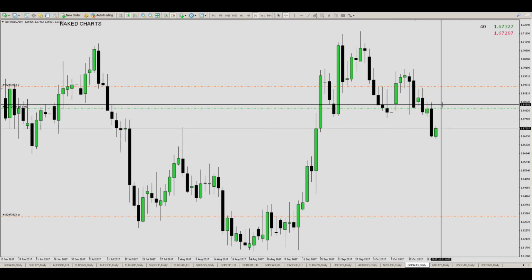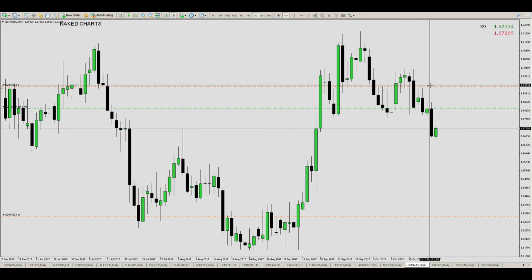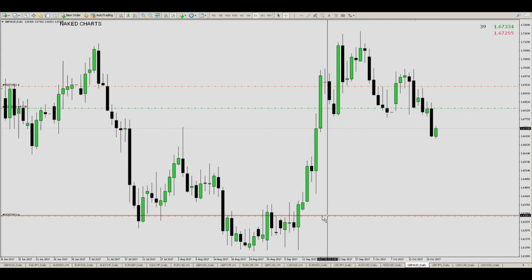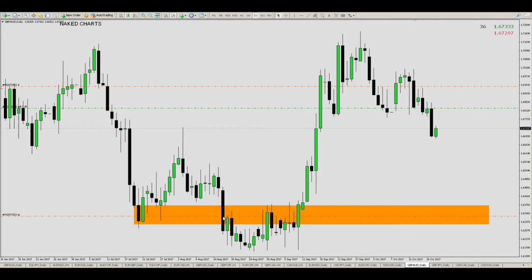Right now I already have around 100 to 120 pips here. My stop loss was above here, and my target is in this area, which is significant for me to go out because of the possible consolidation here.